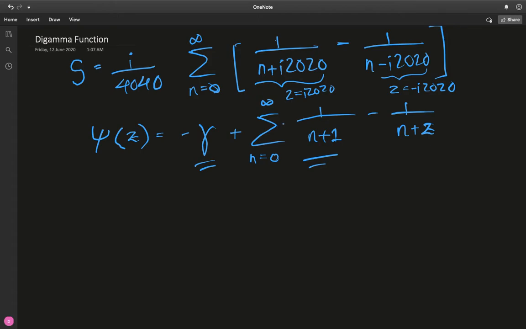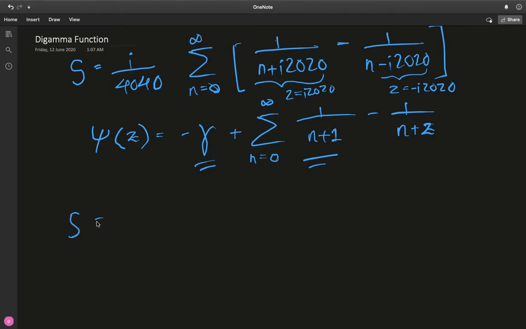So what we are going to do is subtract negative Euler-Mascheroni and then add negative Euler-Mascheroni, which is going to be basically like adding 0, and we're going to also do the same thing with the 1 over n plus 1 term. We're going to add that and we're going to subtract that simultaneously.